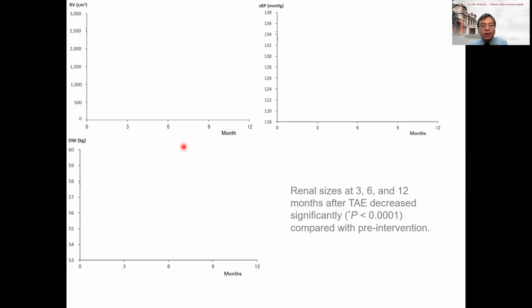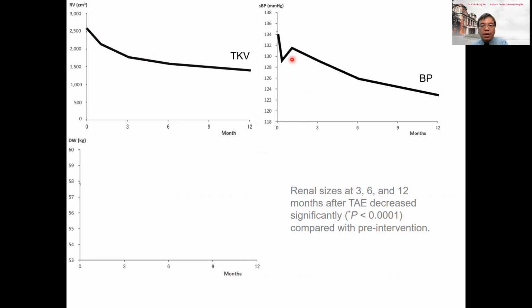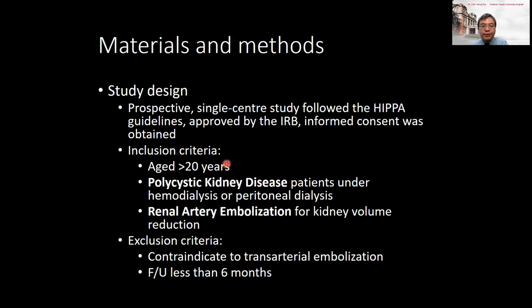According to his article, the total kidney volume decreases at 3, 6, and 12 months after embolization. Besides, the blood pressure also decreases, and the dry weight increases due to improvement of the nutrition. So we think that is a benefit for the patient.